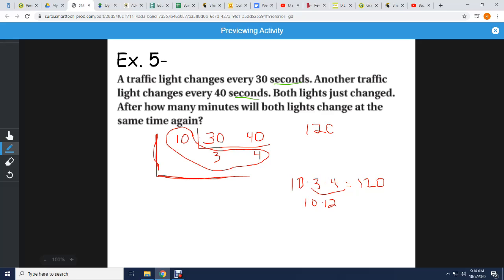So this is 30 seconds, this is 40 seconds, which means this is 120 seconds. So, if I want to change the seconds to minutes, I have to divide by 60. 120 divided by 60 is 2. And so my answer is 2 minutes, or 120 seconds, but they asked for your answer in minutes, so your answer should be 2 minutes.